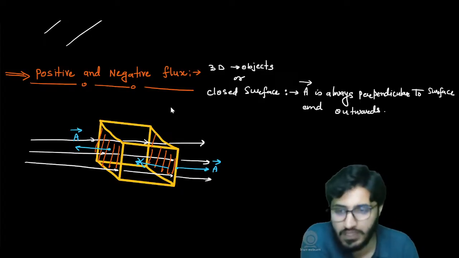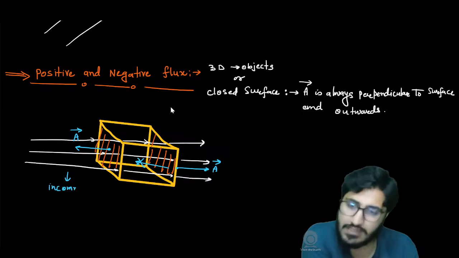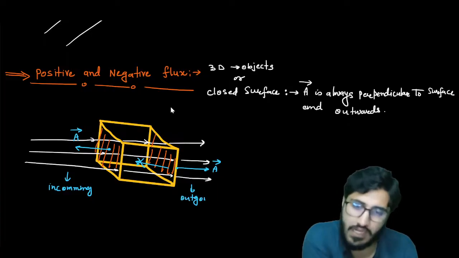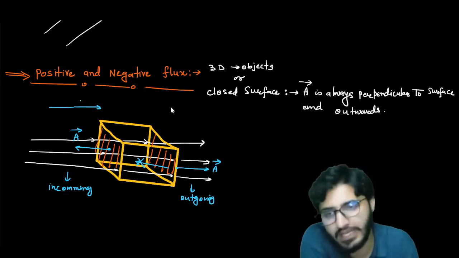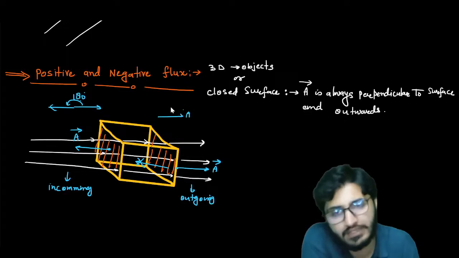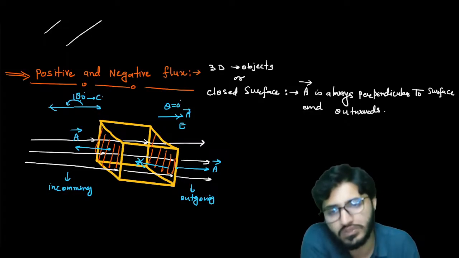Look, this one is incoming flux, lines are coming in. These are outgoing flux. Here the electric field is in this way, my area is in this way, so my angle is 180 degrees. Here the area and electric field are in the same direction, so theta is 0 degrees.